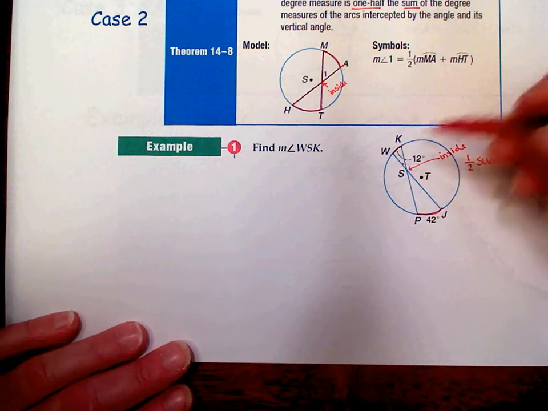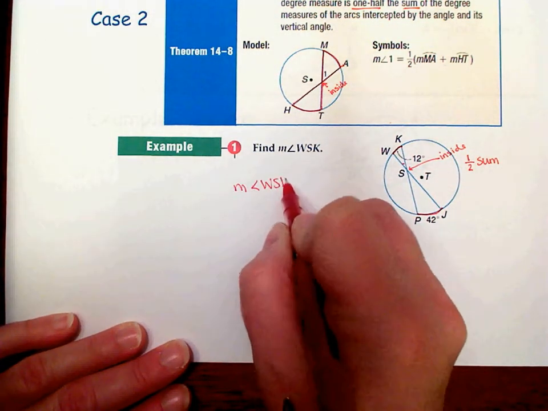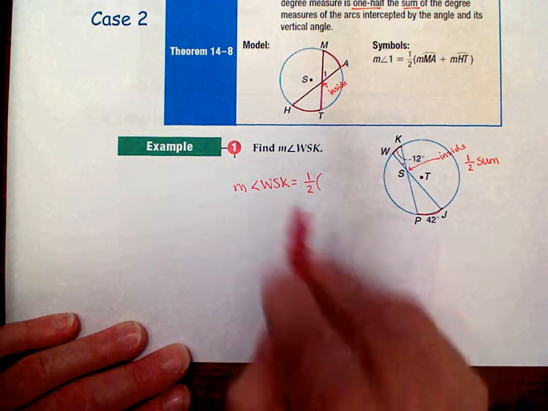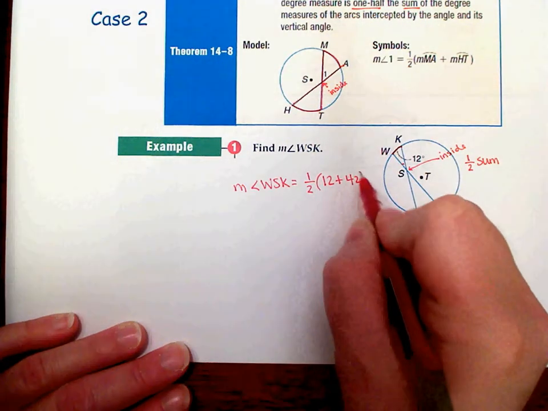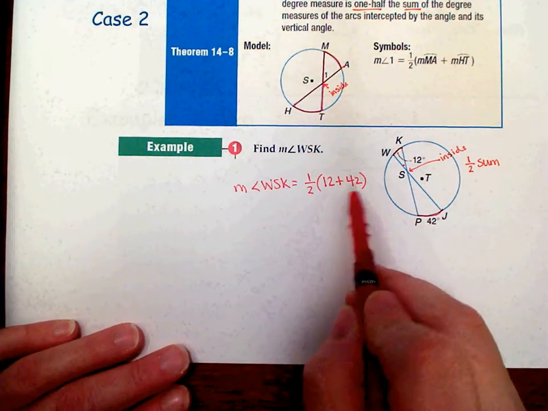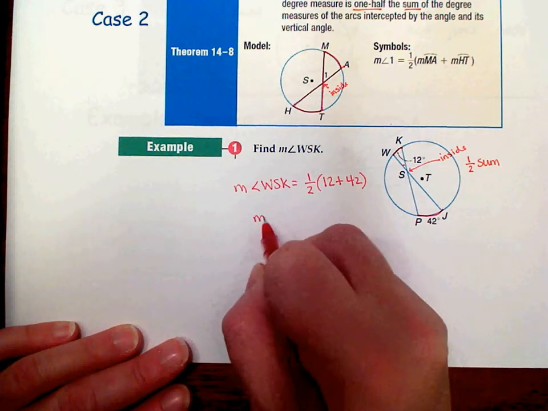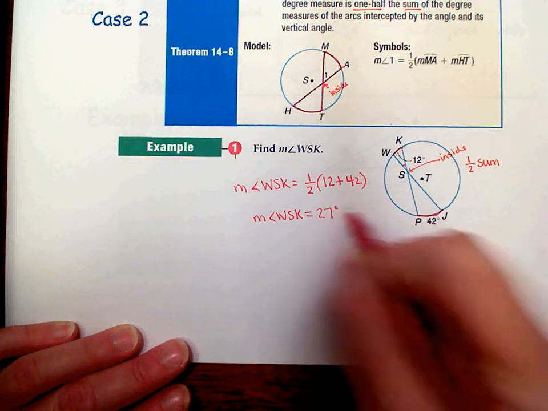So I can find the measure of angle WSK by taking half of the sum of those two arcs, 12 plus 42. So 12 plus 42 is 54, and half of 54 is 27 degrees. That's the measure of the angle.